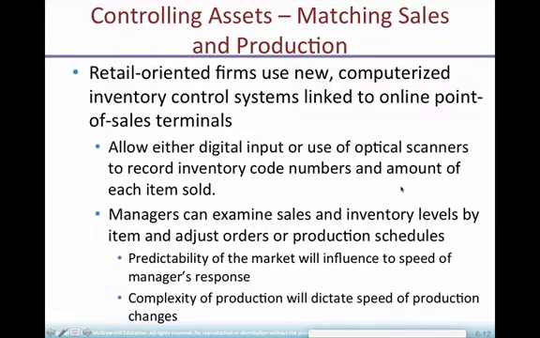Then, as a manager, you have to become very familiar with the patterns of your sales and inventory build-up, and see how you can do a good forecast for the future, so you don't have to deal with too much build-up in inventory. So you have to do a little bit of analysis of your past sales patterns to engage in your forecast for the future.